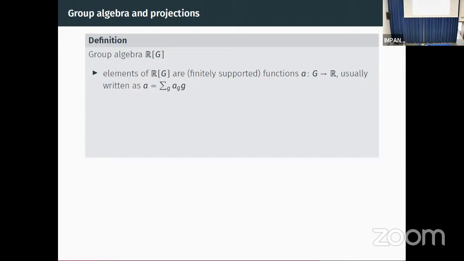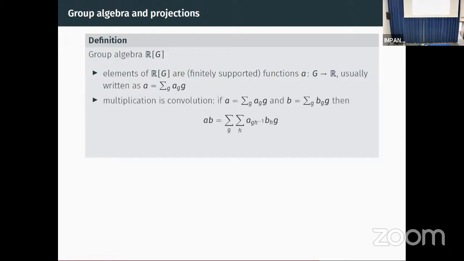If I want to add two such things, I just add coefficients accordingly. If I want to multiply, I just do, well, convolution, which basically means you multiply everything by everything and then you collect, like polynomials. There's even an example, I think, that you can check for yourself. This is how you do it.